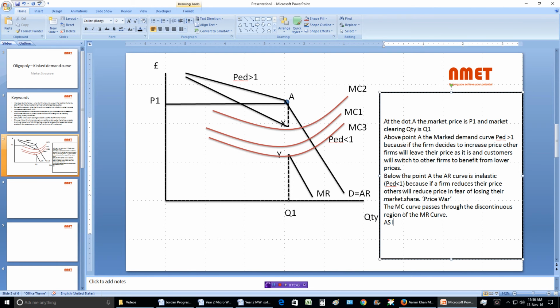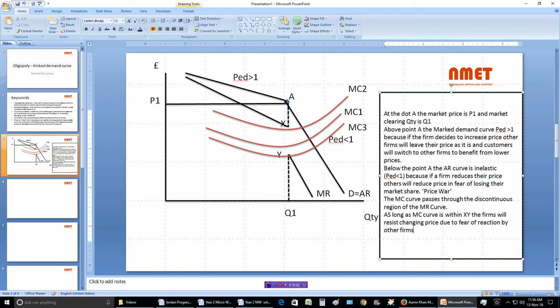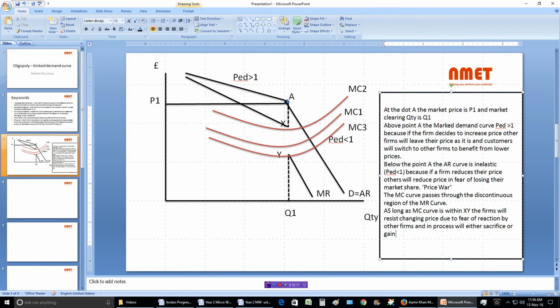So as long as the MC curve is within XY, the firms will resist changing price due to fear of reaction by other firms, and in the process will either sacrifice or gain supernormal profits.